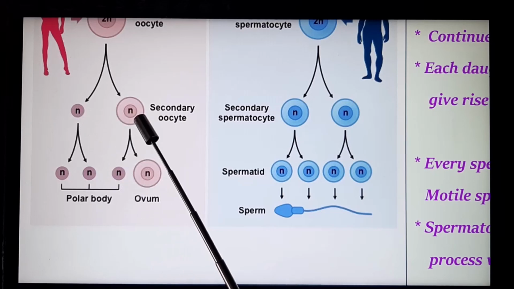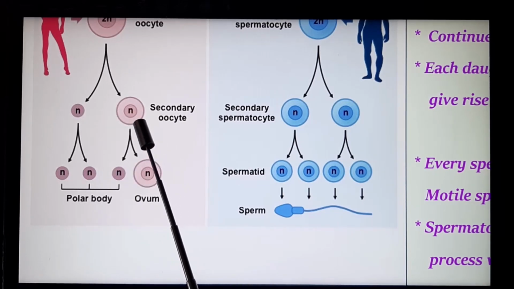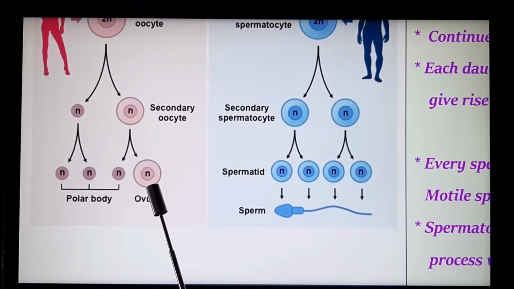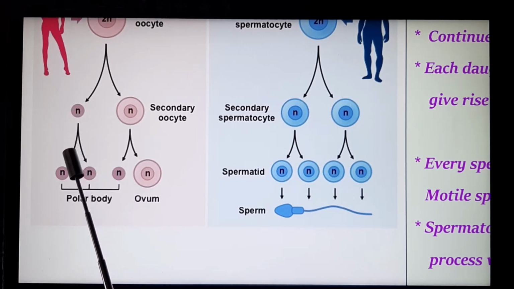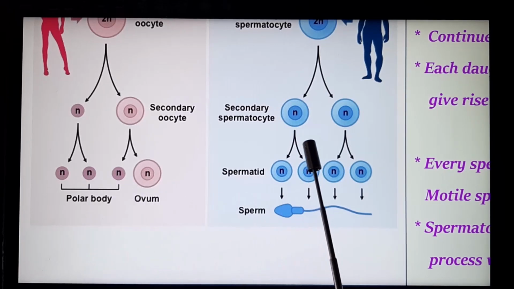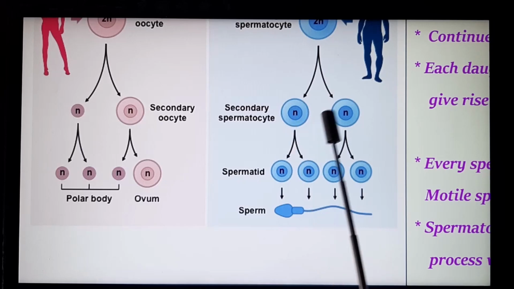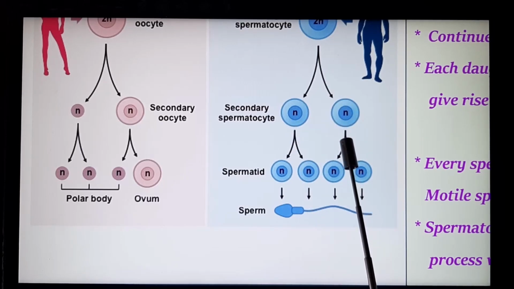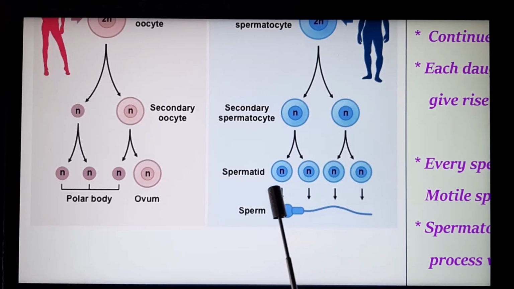And in the second meiotic division, it produces the ovum, and the first polar body divides equally to form the next polar body. So in total, at the end, 3 polar bodies and a functional ovum are formed. Whereas in case of males, we can see here the secondary spermatocytes divide equally to form 4 equal sized spermatids.